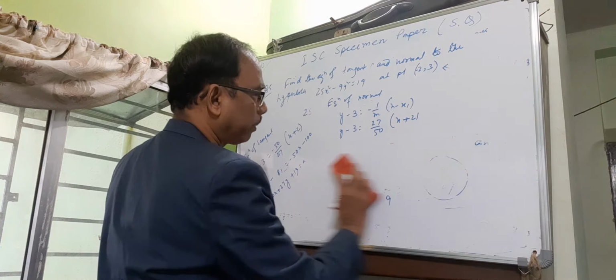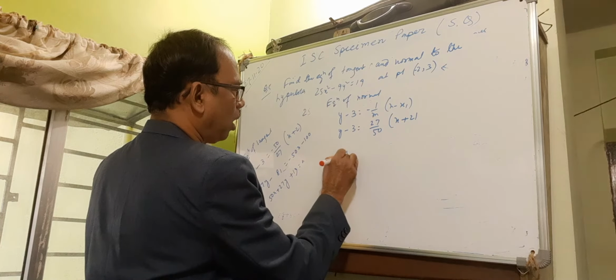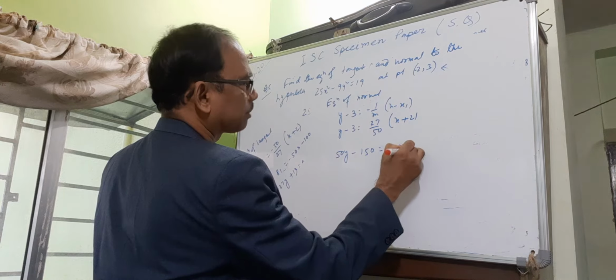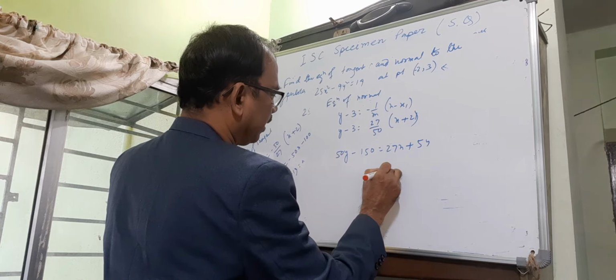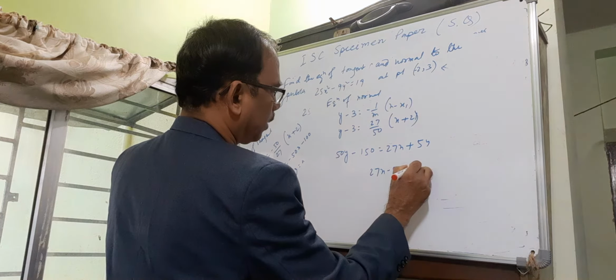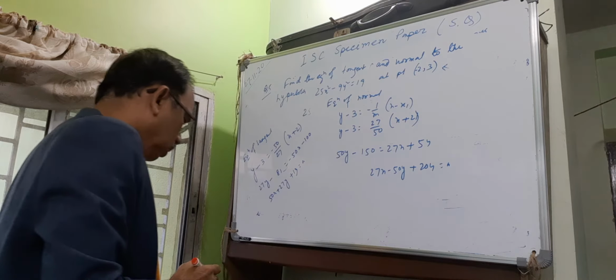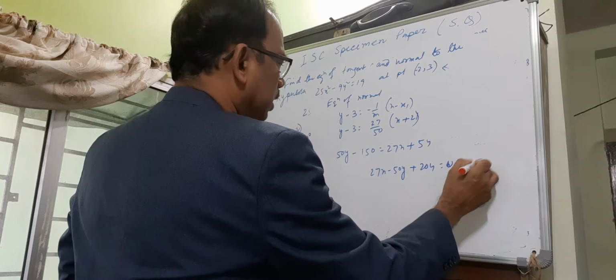Then the equation of the normal is 50y minus 150 equals 27x plus 54, that is 27x minus 50y plus 204 equals 0. That is the equation of the normal.